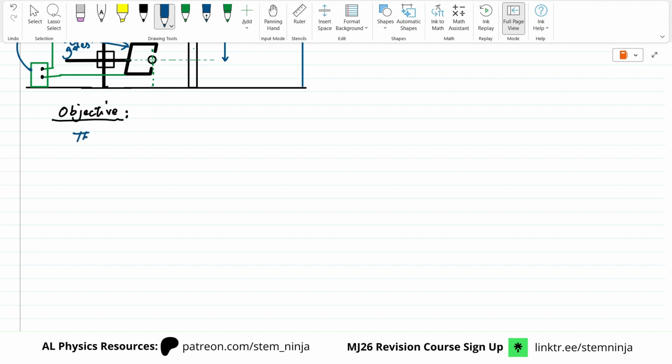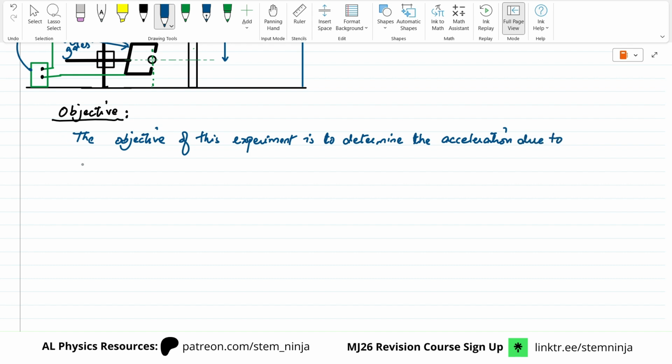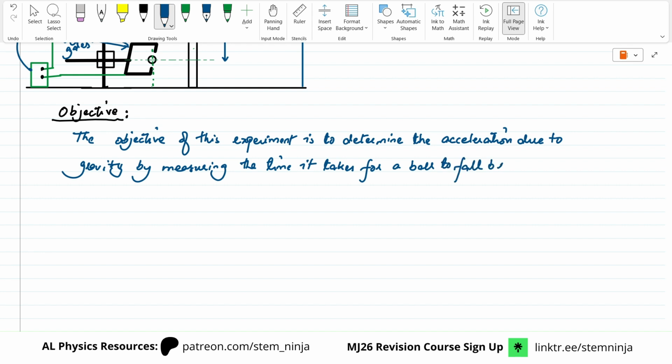So the objective of this experiment is to determine the acceleration due to gravity by measuring the time it takes for a ball to fall between two light gates.